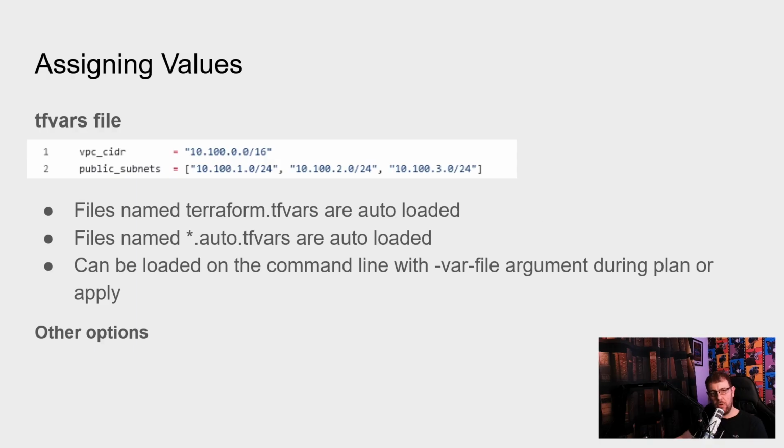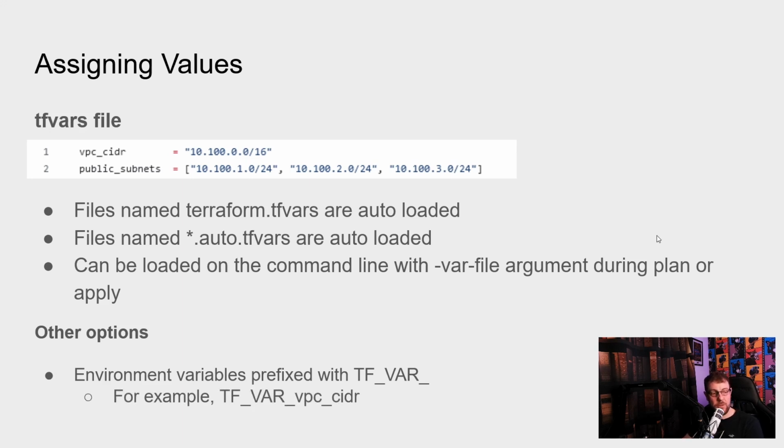There are some other options as well, which is good to be aware of, but rarely used in my opinion, since it will likely become difficult to manage when working in a team. And they are environment variables. These are variables that are prefixed with uppercase TF_VAR_.